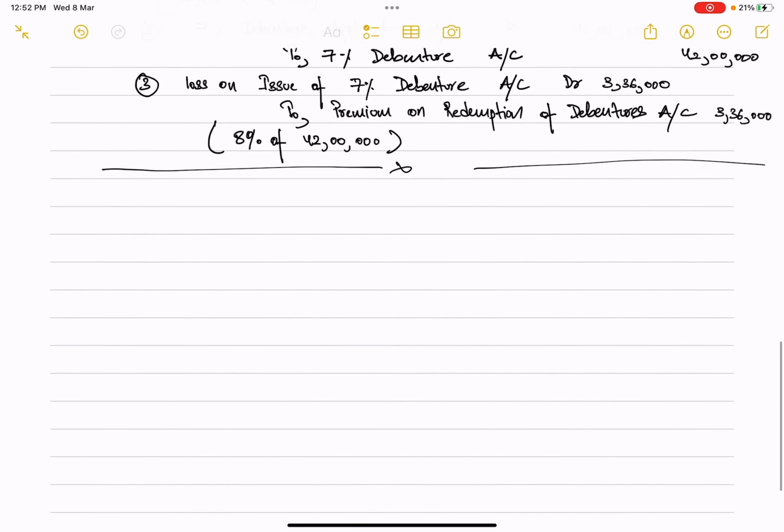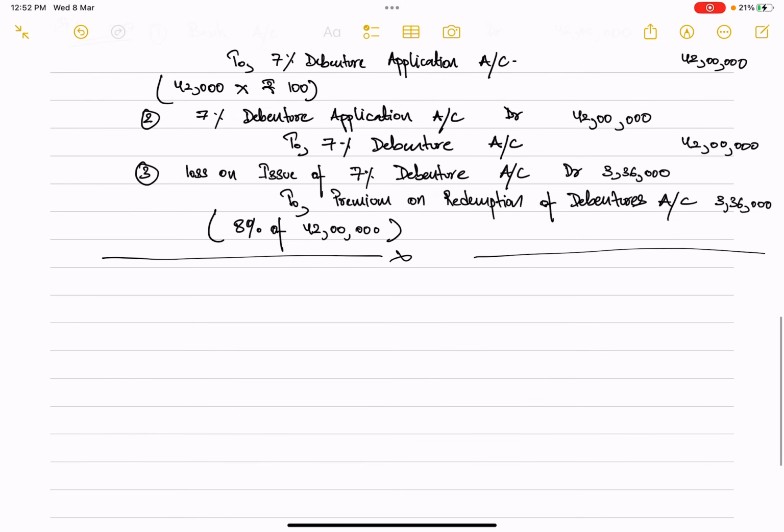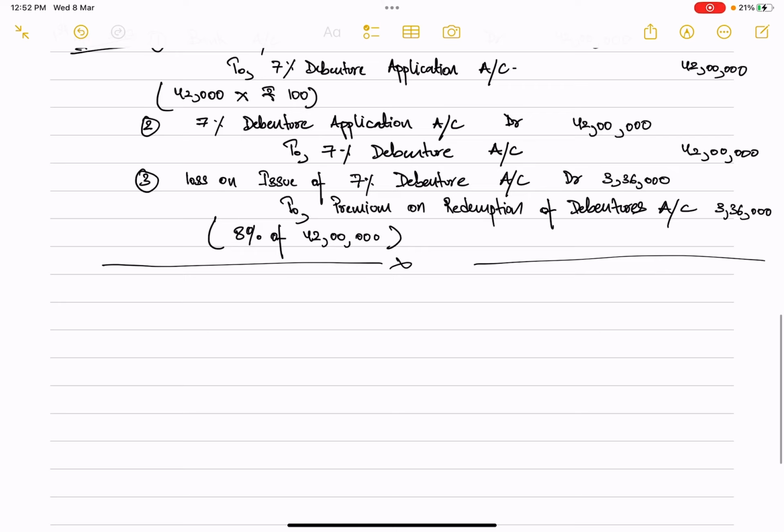As the law states, every company that does not have a sinking fund must do this. Like I said in the previous part of the video, DRR is a fund that you set aside for the repayment of the loan you have taken.